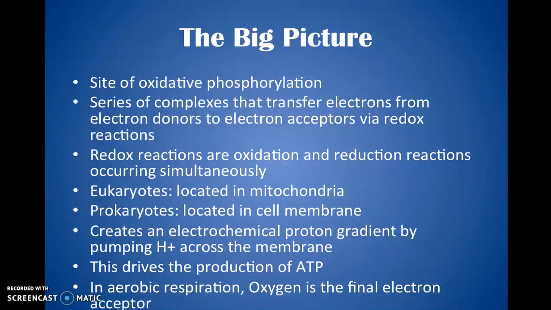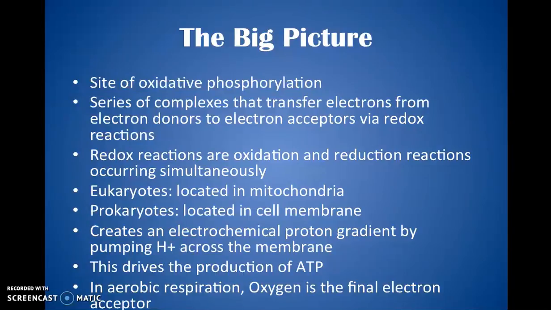And in eukaryotes, like plants and animals, the electron transport chain is located in the organelle mitochondria. But in prokaryotes, like bacteria, they're located directly in the cell membrane.